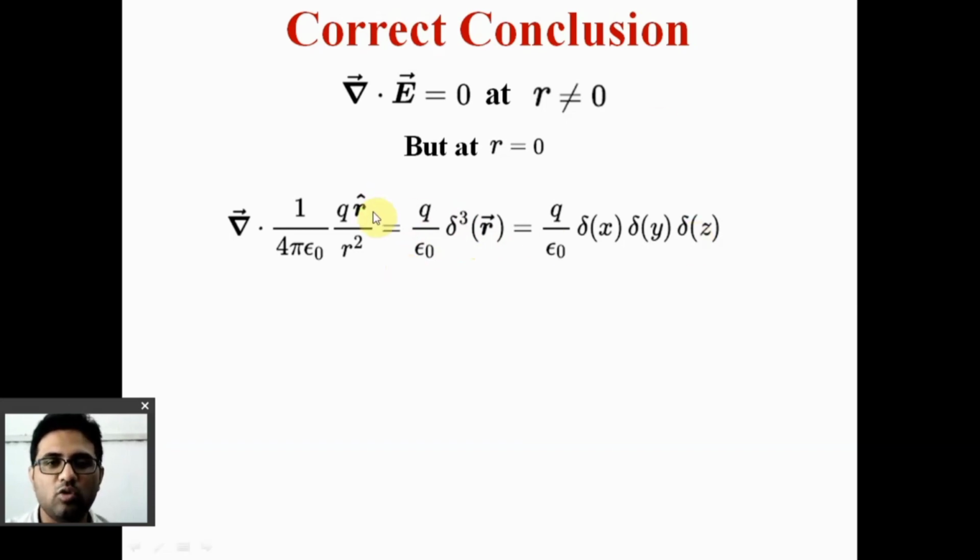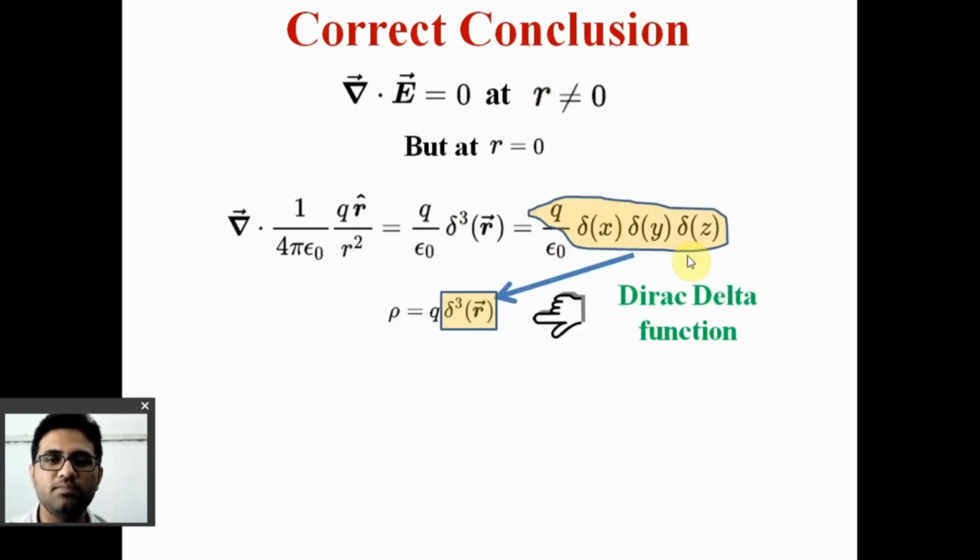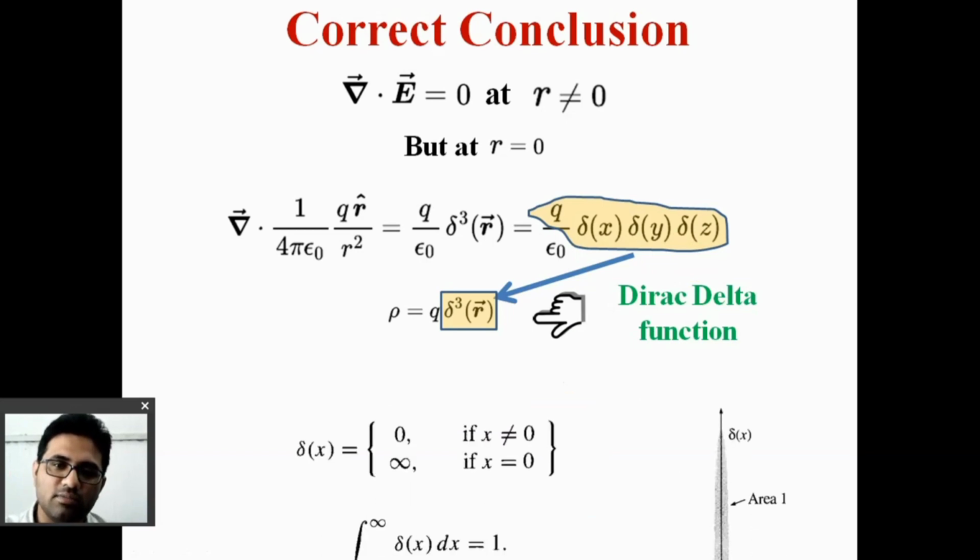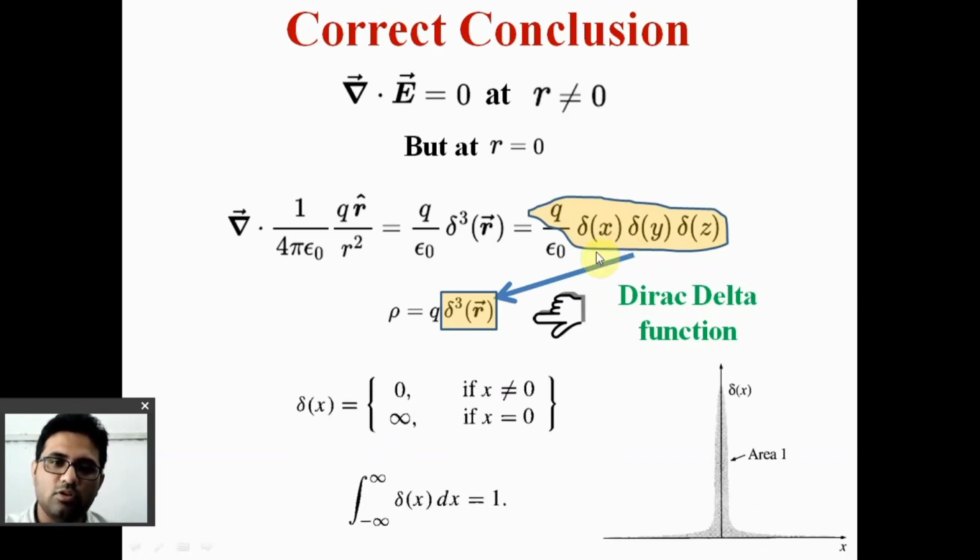This delta cube is actually delta x, delta y, delta z. What is this? It is called the Dirac delta function. Dirac delta function means, suppose we consider only one dimension along x, and the charge is at the center.